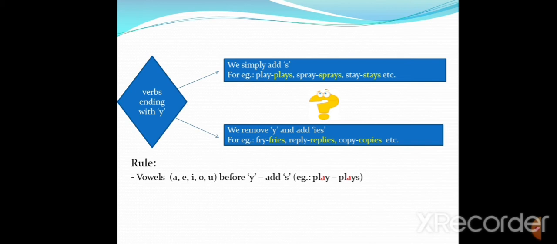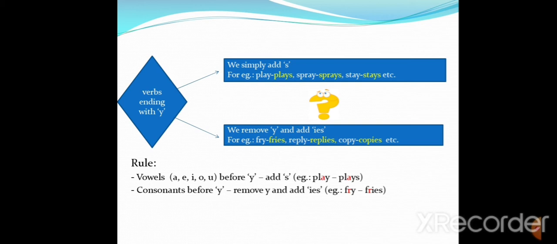And the other rule says that if you have a consonant, now consonants, what are consonants? Any letter which is not a vowel, right? So we have 21 consonants and 5 vowels, which makes 26 letters. So any letter which is a consonant before Y, then we remove Y and we add IES to it.